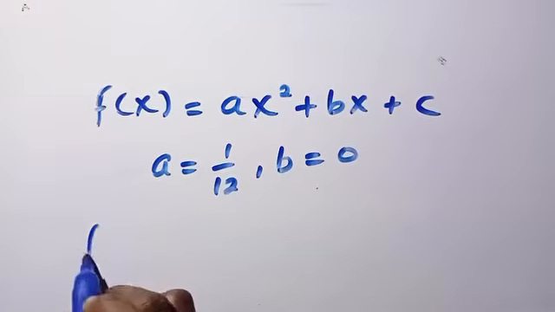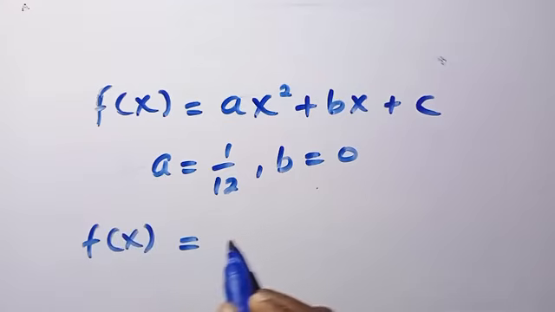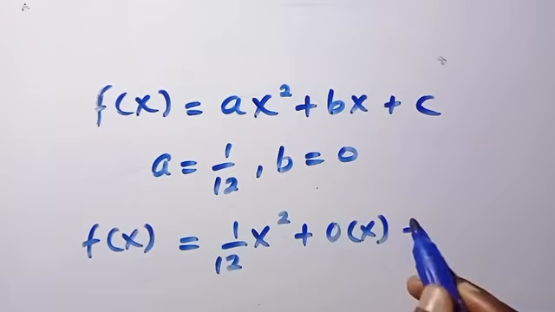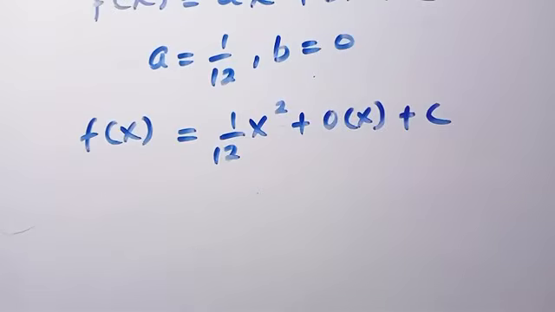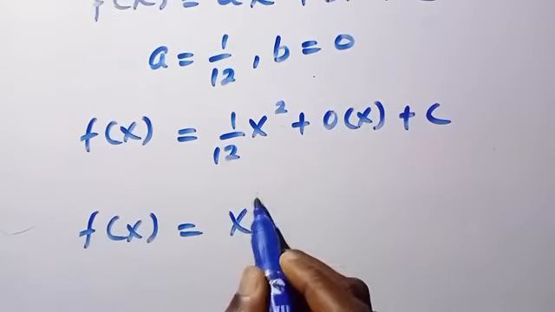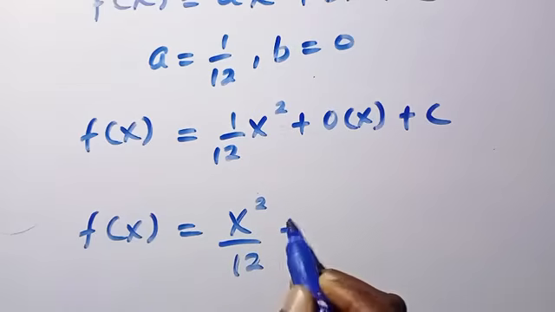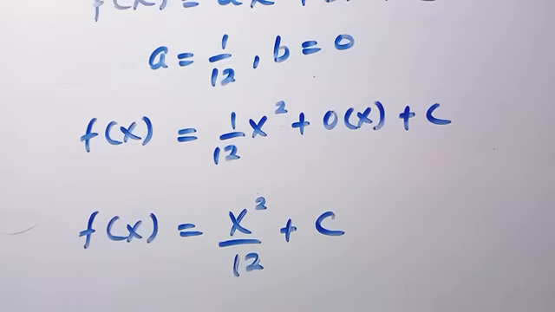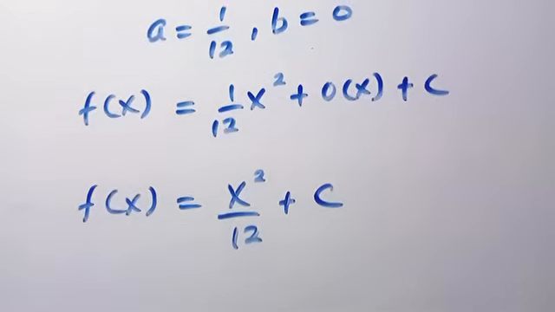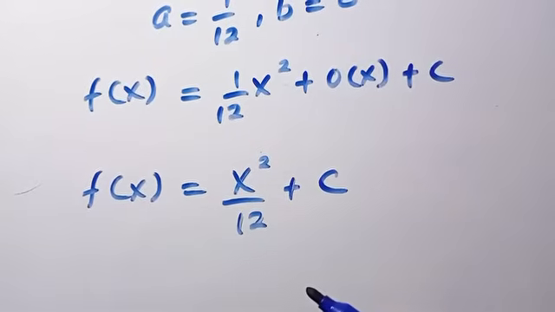By replacing, f of x equals 1 divided by 12 x squared plus 0 multiplied by x plus c. Here we have f of x equals x squared over 12 plus c. So this is what we have for f of x. But what is the value of c here? c is any constant value.